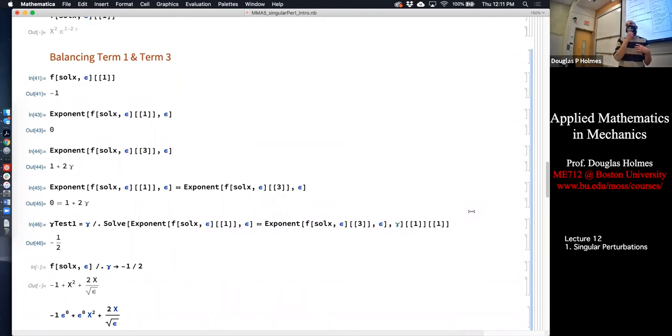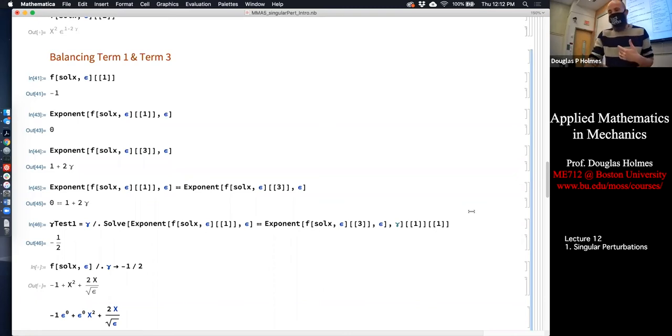Conceptually, what the dominant balance should do is, we've changed our variables, and in that change of variable, we've introduced an unknown parameter, gamma. That unknown parameter is a way of saying, how do we want to rescale our variables? Really, how do we rescale our variables in such a way that this important term doesn't disappear and become negligible when epsilon goes to 0?